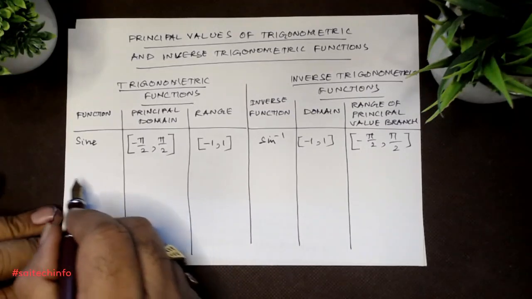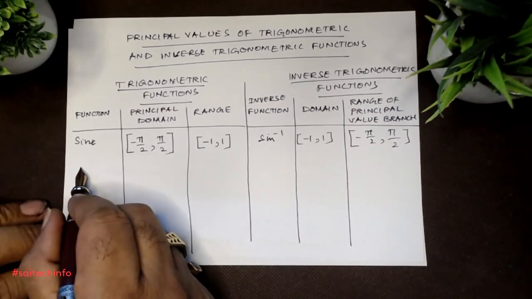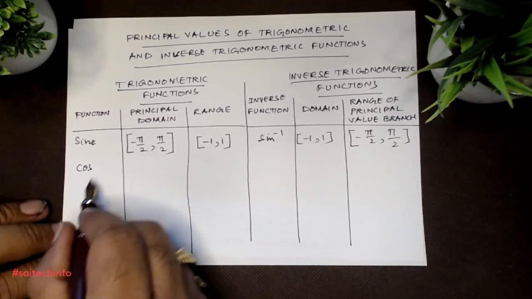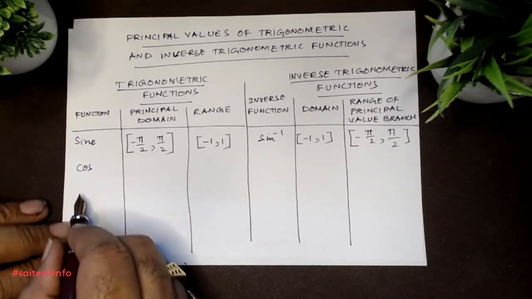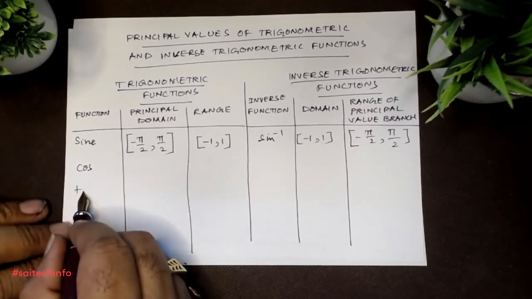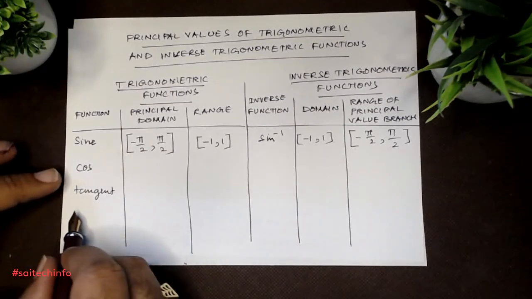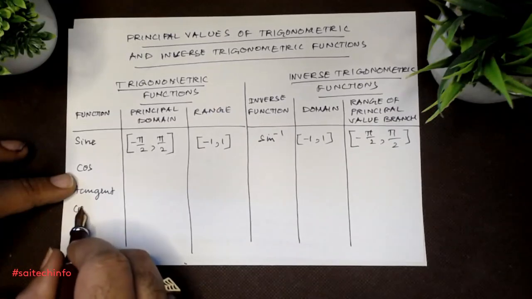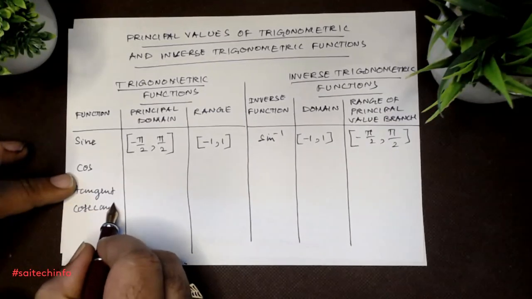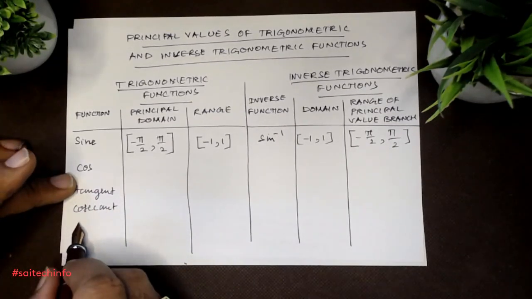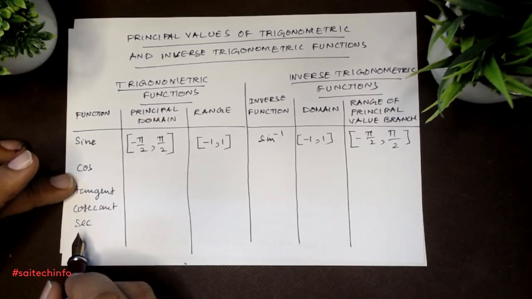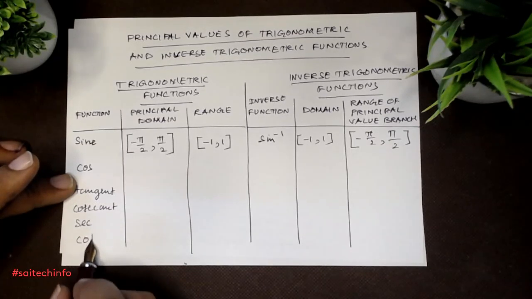Similarly, we can write down for cosine, that is cos, then tangent, and then cosecant, then secant, and then cotangent.